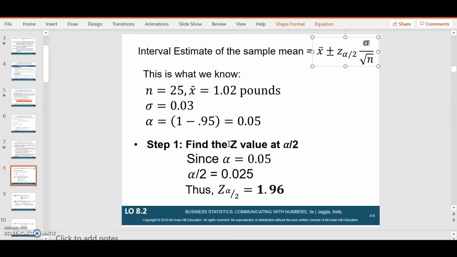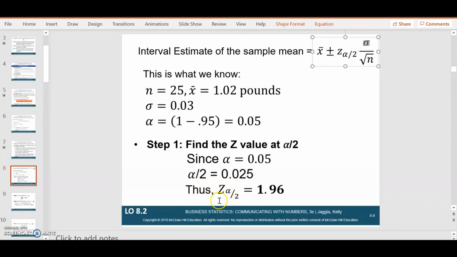So in this case, since the significance level is equal to 0.05, and the significance level divided by 2, because we have two tails, is equal to 0.025.